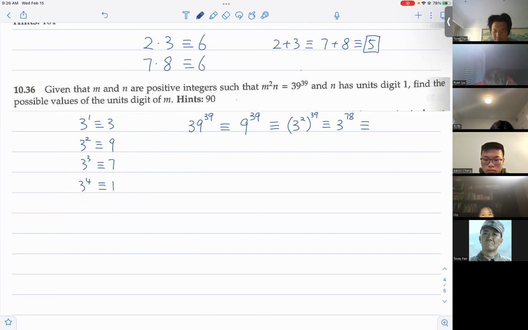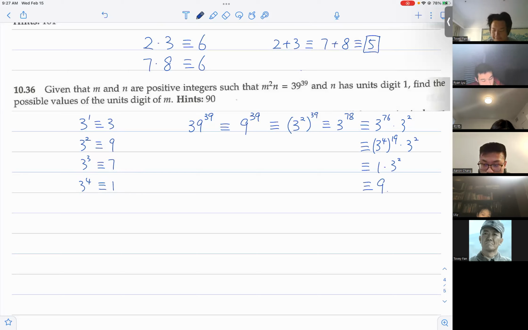So 80 is a multiple of 4. You go back by 2, so you find 9. Or in other words, this is 3 to the power of 76 times 3 squared. 3 to the power of 76 is 1, because 76 is a multiple of 4. 76 is 4 times 19. So this is just 1 times 3 squared, which will give you 9.